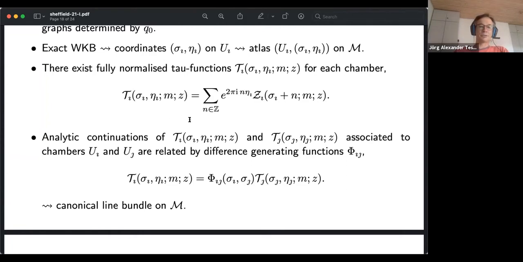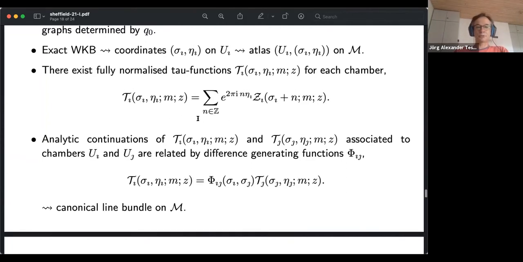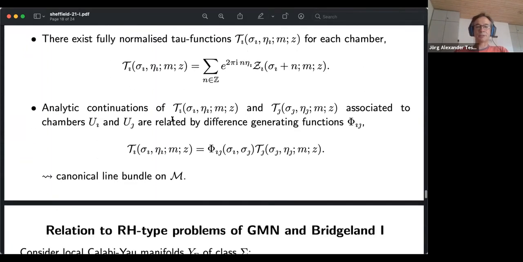I believe this really is a window to some of the deep aspects of mathematics behind this theory of isomonodromic tau functions. So I think this is a very important structural aspect, or however you may want to call it.